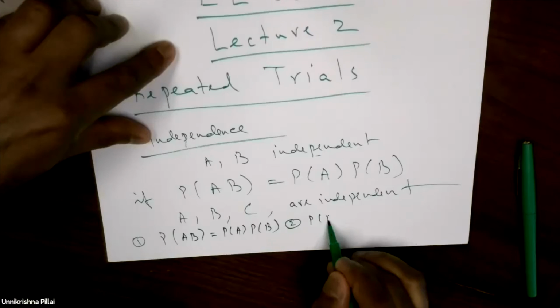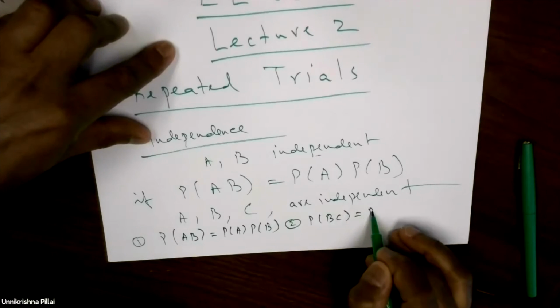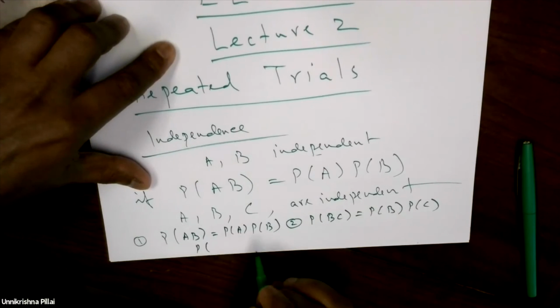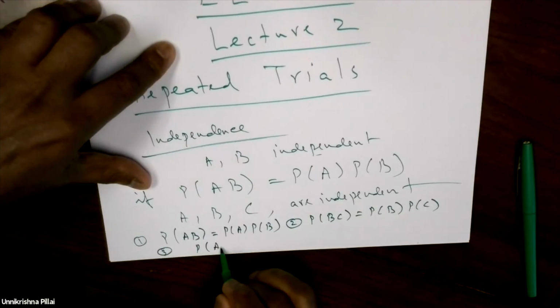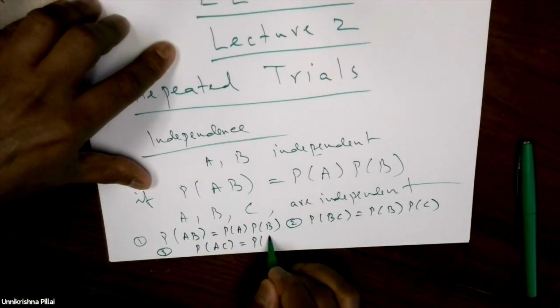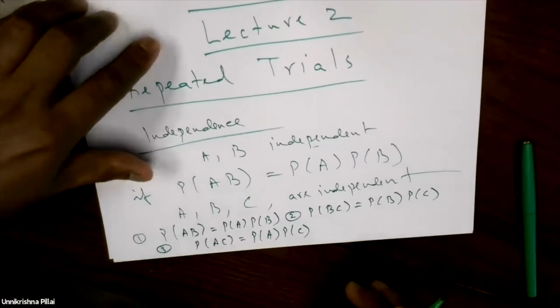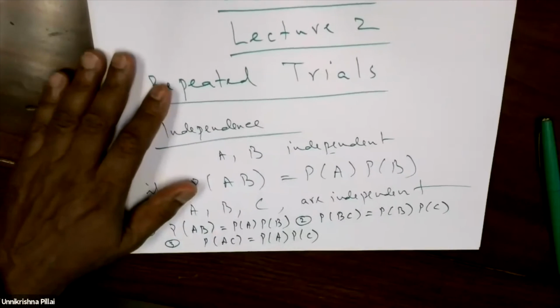All the pairwise, yeah, you need all pairwise. So BC would be PB multiplied by PC. And the third one, PAC, is PA multiplied by PC. Anything else? The probability of ABC should also be the product.